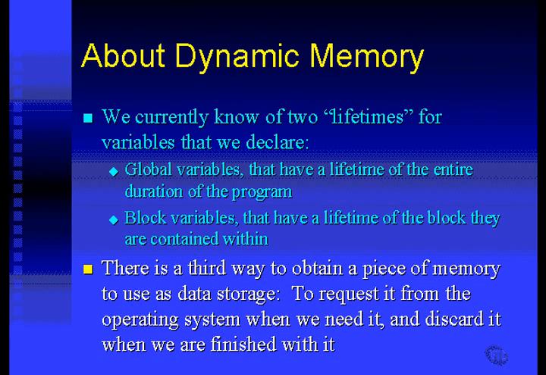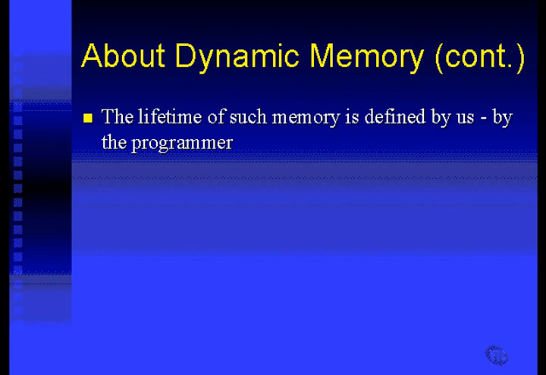The operating system then checks to see if that amount of memory is available, and it gives it to me. And then I continue using it until I decide that I'm finished with it, at which point I let the operating system know that I no longer wish to use it anymore. Once I've done that, I can no longer use that little piece of memory anymore. So to summarize, the lifetime of that memory is defined by us, the programmer. It's much more flexible in that regard.